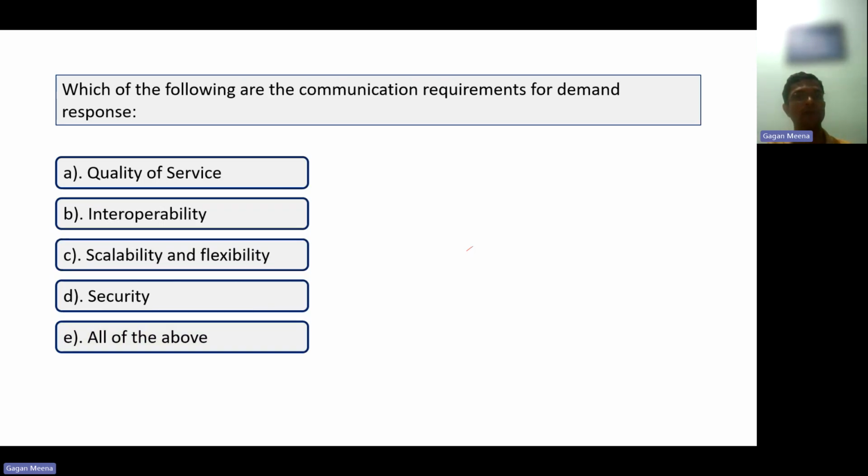Which of the following are the communication requirements for demand response? This is the next question. Option one is quality of service, interoperability, scalability and flexibility, security, all of the above.